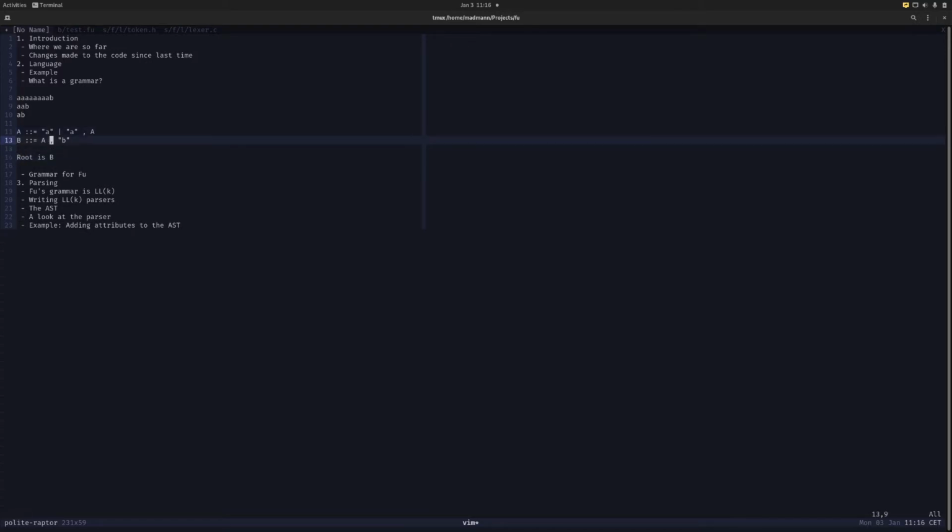Then whenever I want to create a word or a sentence in the language, I'm going to look at the rule here, which is the root, and choose some option. So here there's no option to choose, right? There's only one. It's concatenating A with B. So I say there's B on the right and then there's something on the left.